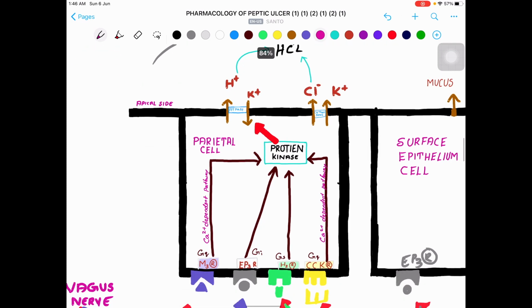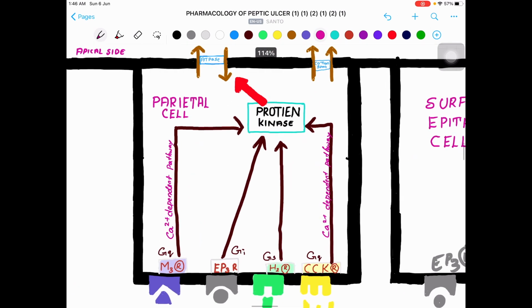Okay. So, let's talk about H2 receptors and EP3 receptors. H2 and EP3 receptors are cAMP dependent pathways.